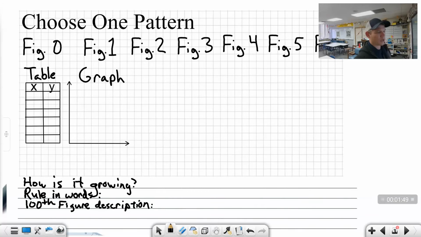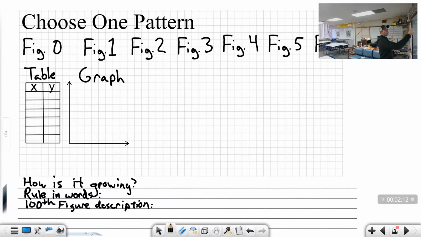So here's what your work looks like in your notebook. You have this large piece of graph paper towards the bottom half of your page, okay? The first thing that you need to do is think about how you are going to spatially organize this piece. You need to draw figure 0.